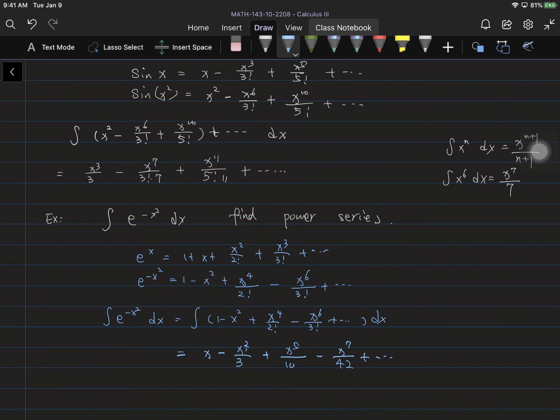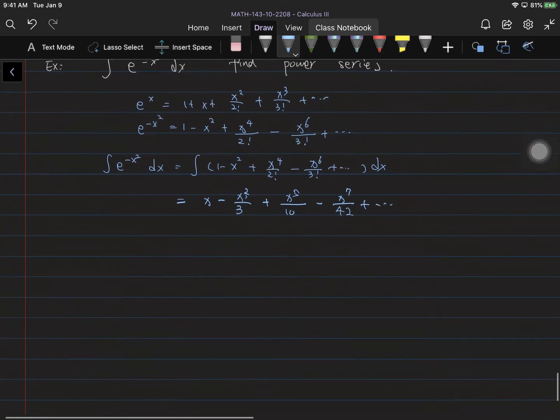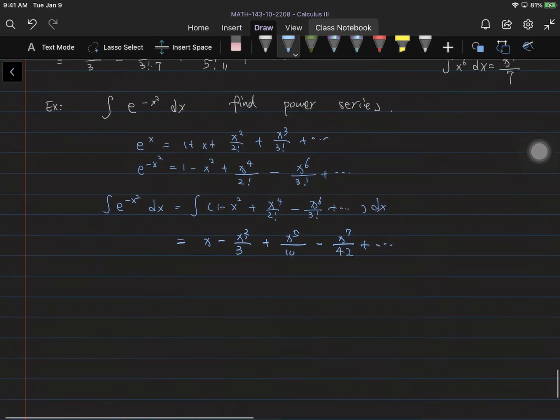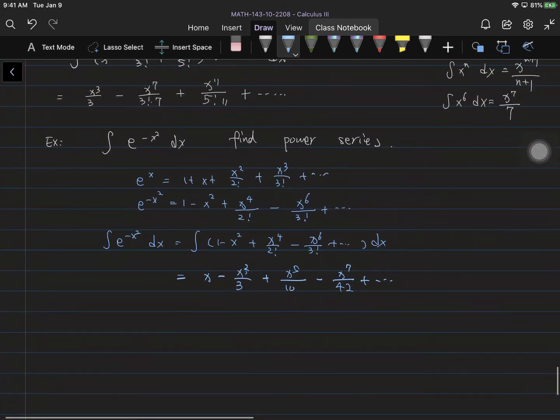Now let's take a look at another application of the table, how to use the Taylor series. Example 7. So we want to evaluate a limit. So this is also an application of Taylor series.